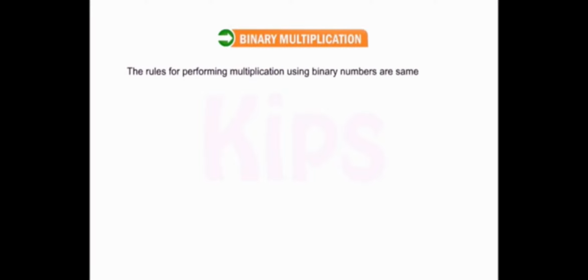Let us now find out how binary numbers are multiplied. The rules for performing multiplication using binary numbers are the same as that of decimal numbers. The given table illustrates the multiplication of two binary digits. Example 1.